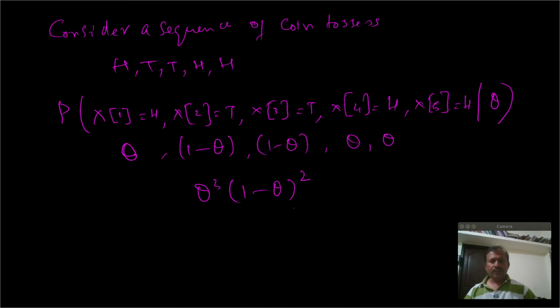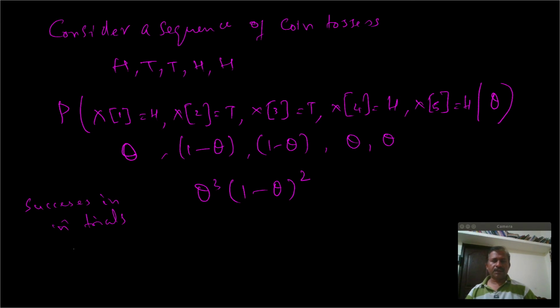So can you identify what kind of distribution we are talking about? So you are recording the successes in n trials, right? So what is the probability distribution which governs the number of successes in n trials?